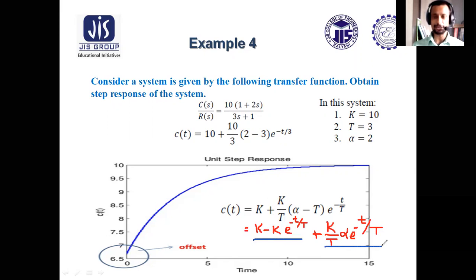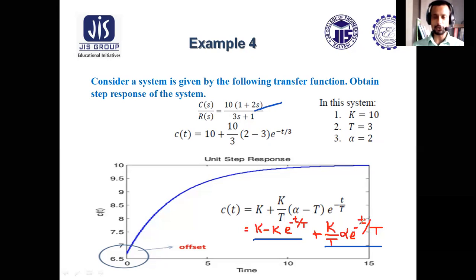This part is the additional part which is added to the C(t) expression due to the addition of the zero term. Here K is 10, T is 3. So 10 by 3 is 3.33. Now, alpha is 2, so 3.33 into 2 is 6.67.